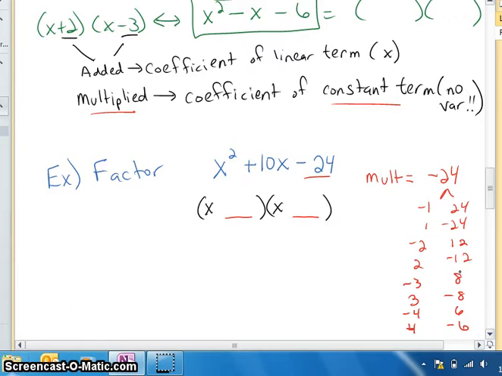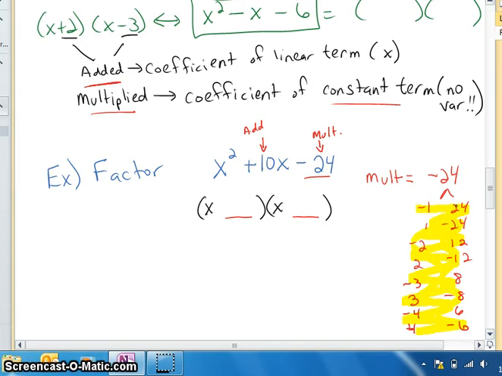So those are the things that multiply to give me negative 24. And they also have to add to give you the coefficient of the linear term. So the linear term is positive 10. So I'm thinking which of this list adds to give me positive 10?